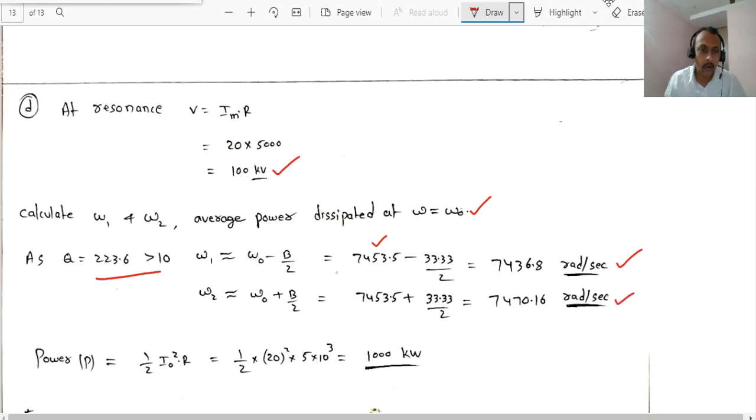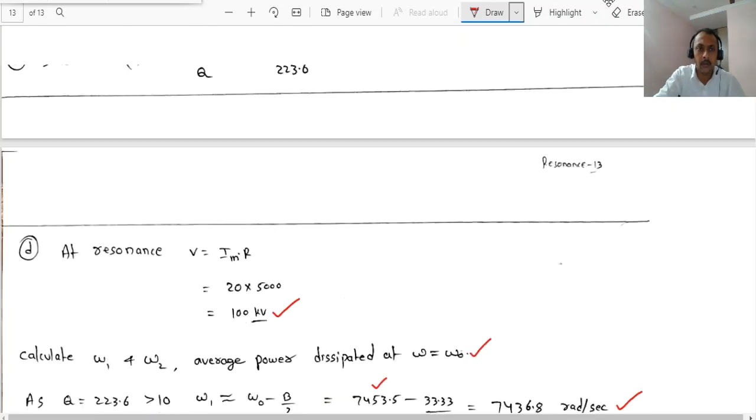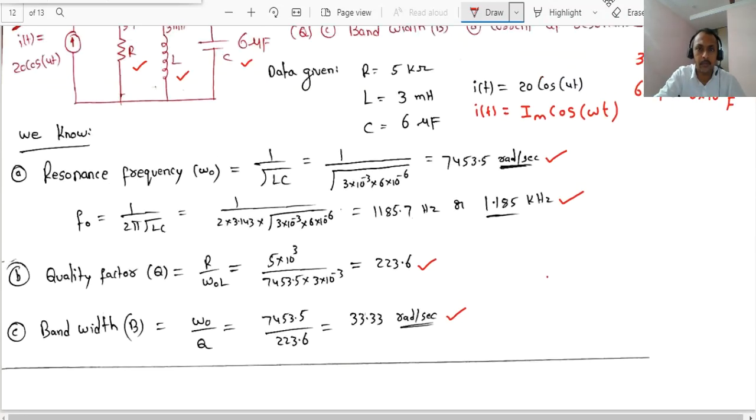Now the power dissipated at the resonant frequency is half into Im square into R, that is 20 square into R, around 1000 kilowatt we are getting. The values we are getting are very high, right? Actually, this might be because of the taken values of RLC.